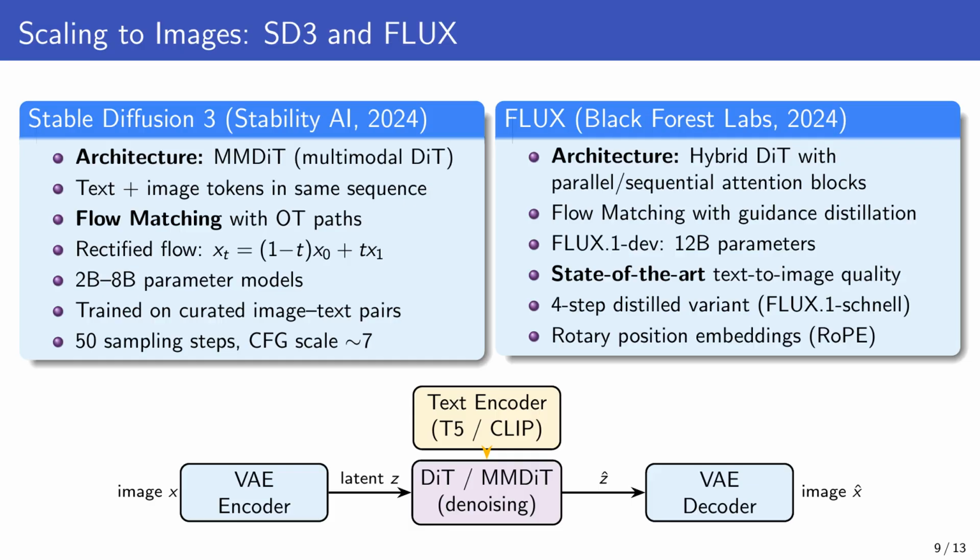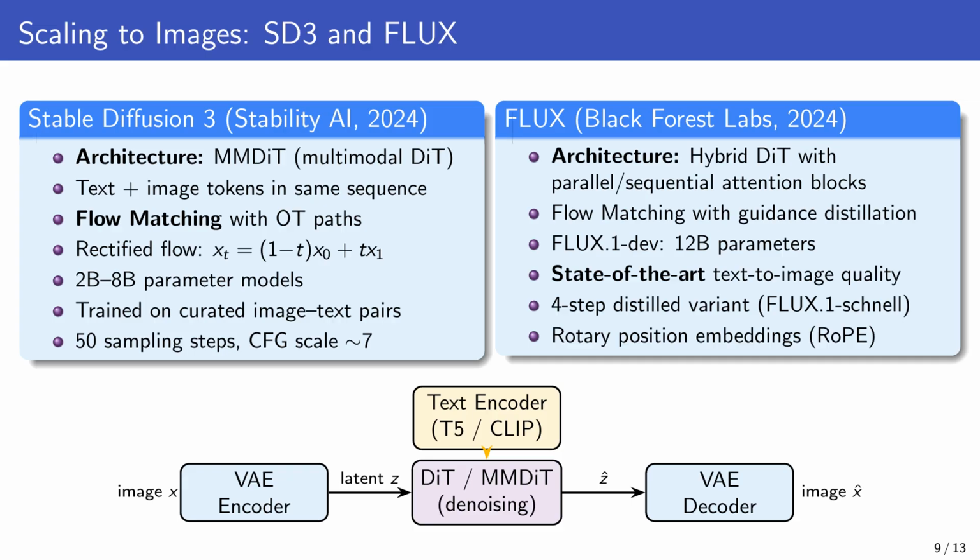Let us now look at how flow matching has been scaled to state-of-the-art image generation. The two most prominent systems are Stable Diffusion 3 and FLUX. Stable Diffusion 3, released by Stability AI in 2024, uses a multimodal diffusion transformer, or MMDiT, that processes text and image tokens in the same sequence.